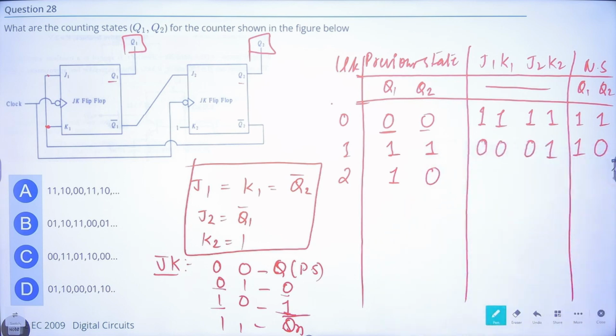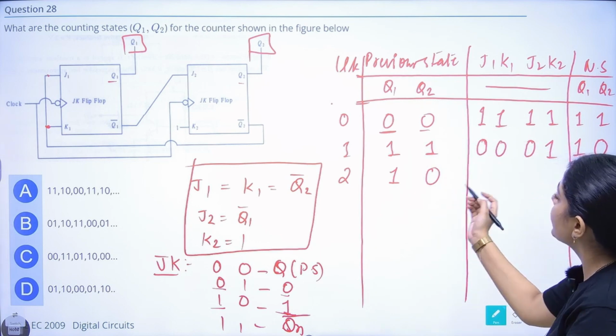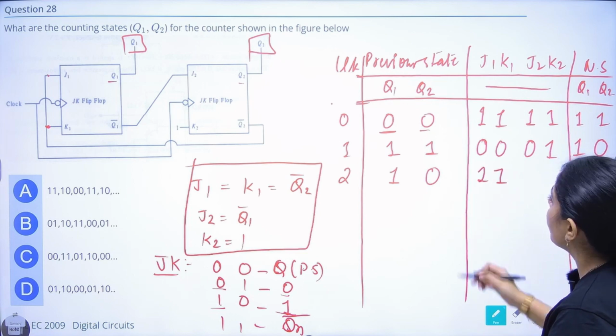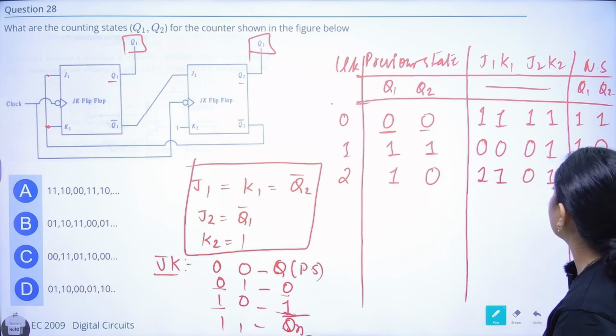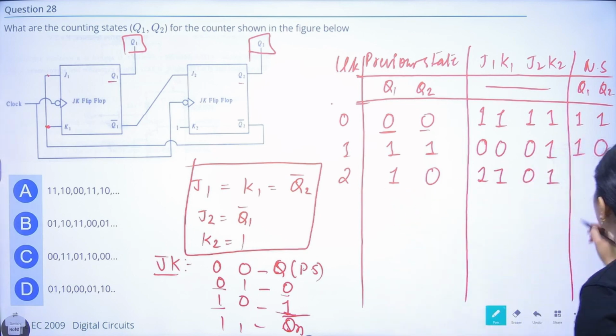Now what's happening? J1 and K1 equal Q2 bar. Q2 is 0, so 1 and 1. J2 equals Q1 bar. Q1 is 1, so its value will become 0, and K2 is 1. Now 1 and 1 means Q1 will toggle, so it will become 0. 0 and 1 means it will become 0 again.